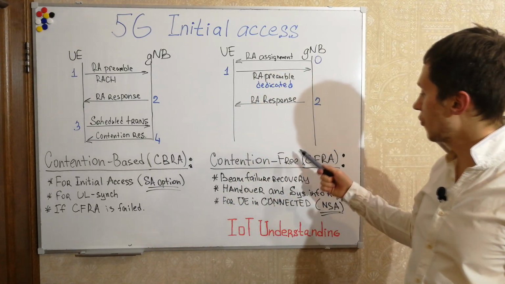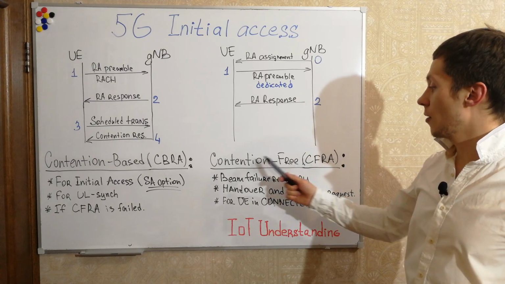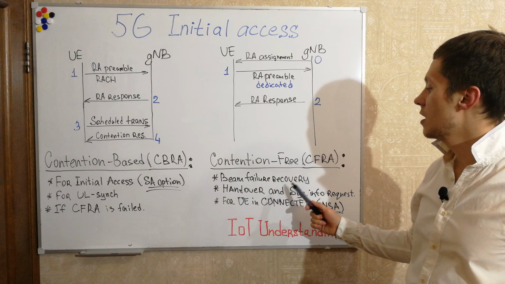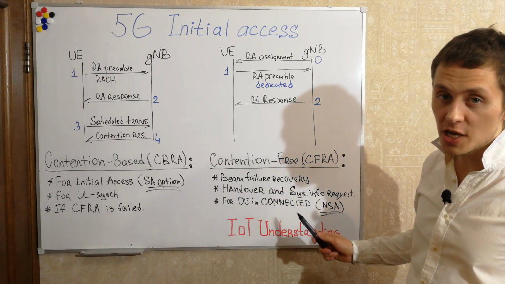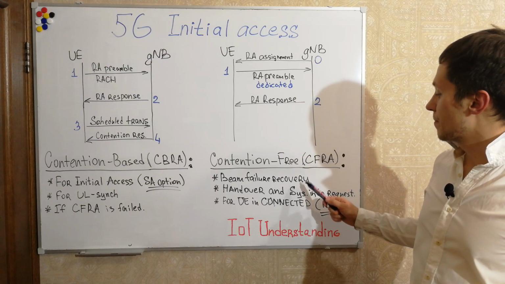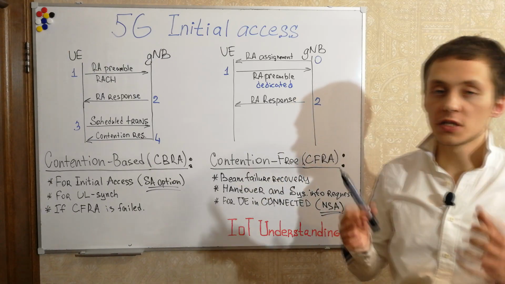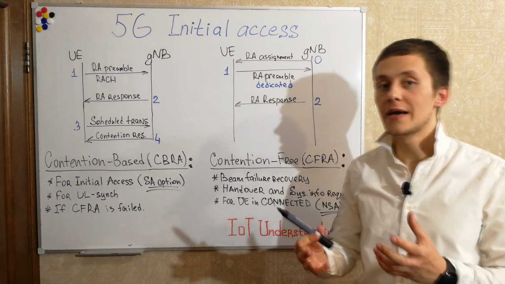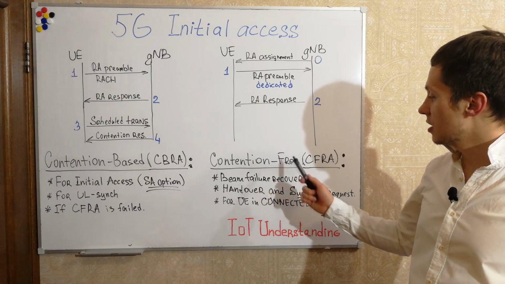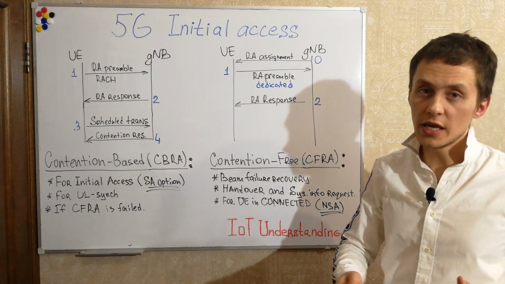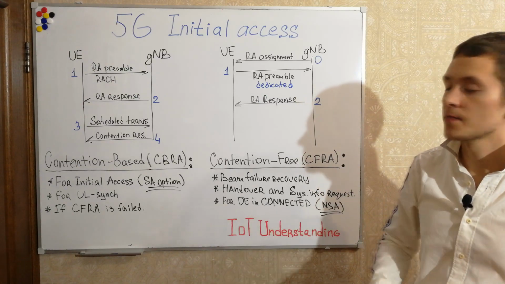So contention-free is used for beam failure recovery, for handover, and for requesting system information. Requesting system information and beam failure recovery are new features in 5G NR. Contention-free is used for cases when user equipment is in connected mode.